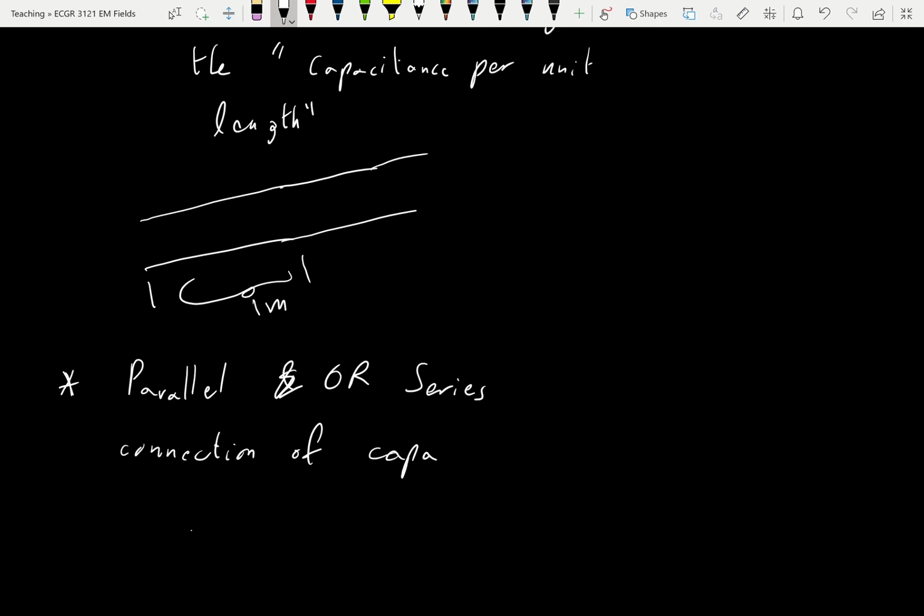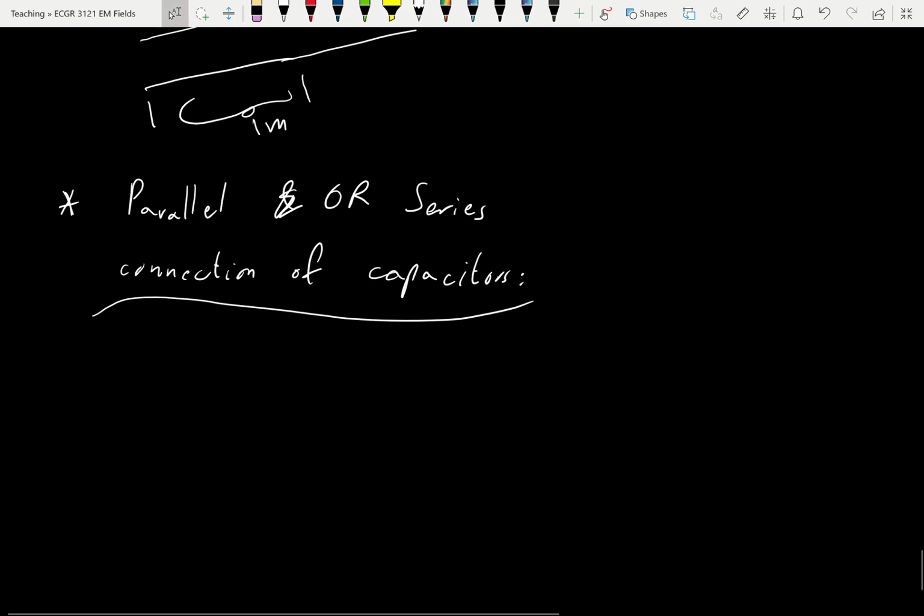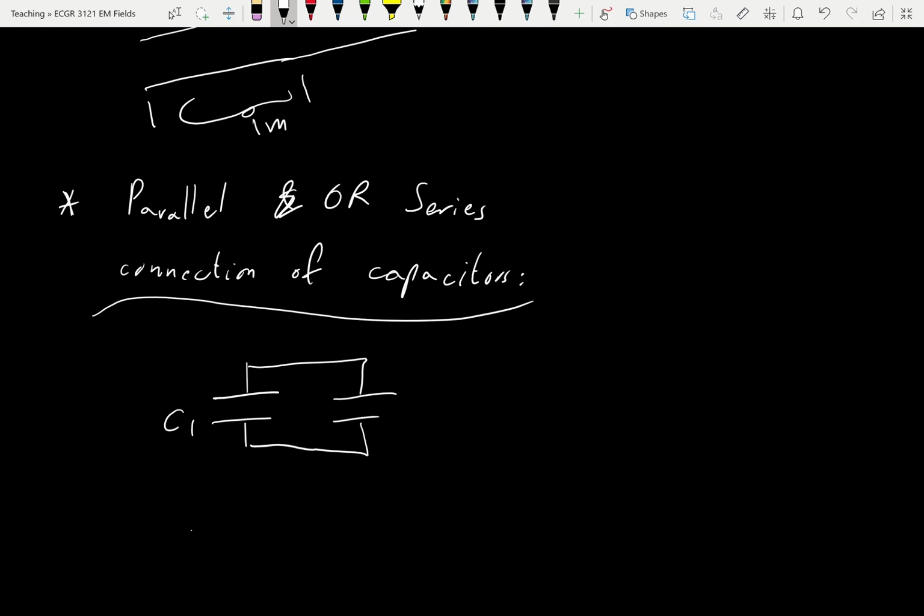And this is something that we've already encountered even in circuits. So if I have a structure that has a certain capacitance, C1, and then I connect in parallel to it another structure, I could draw it the circuit way, and then I have a voltage in between.